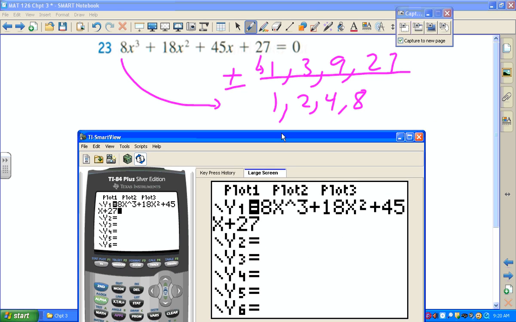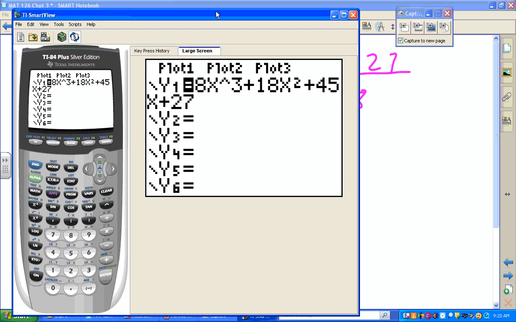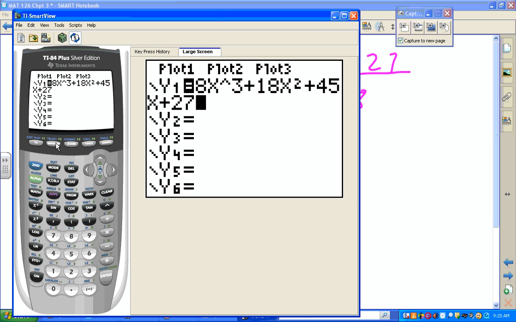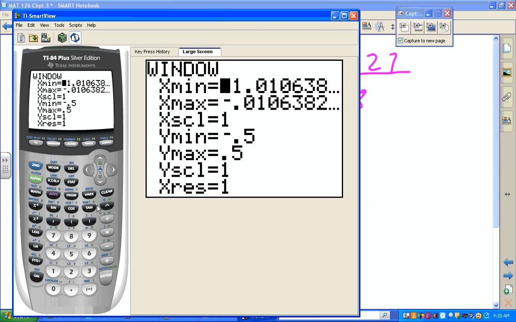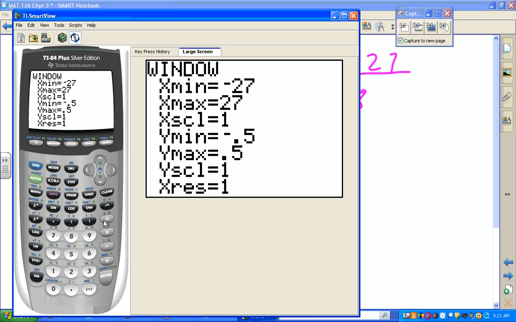Looks like I can go all the way from negative 27 to positive 27. Too big? I had never had that error message before. Oh, okay. Negative 27, 27. The y's I could really care less about, but I usually just use negative 2 to 2, so I have a reference point. I don't want 54 tick marks, so I'm going to make them every 5.